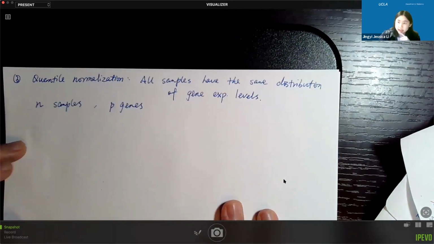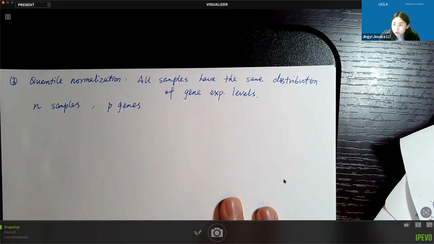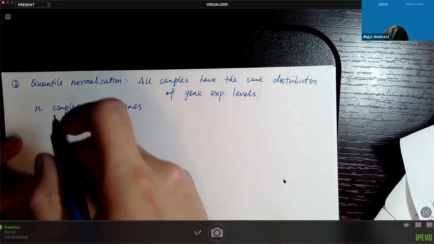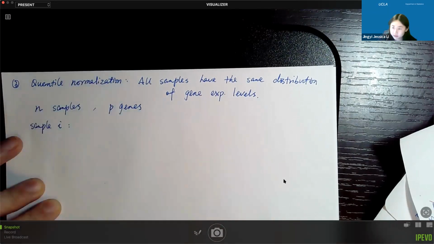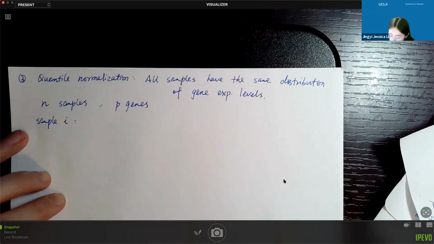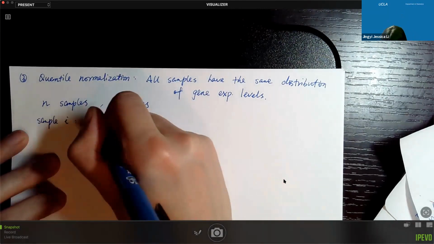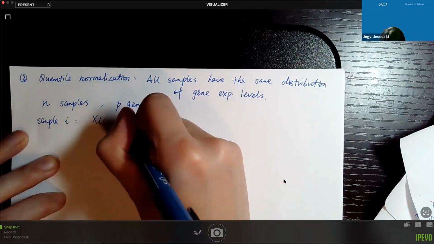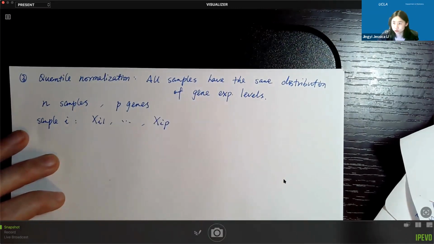Before doing that, I want to introduce an idea called the empirical distribution. That's a very important statistical concept. For sample i, using my same notation, I would list its expression levels for the p genes as x_i1 to x_ip, right? So I will have all those p values for p genes, and then I can define an empirical distribution.